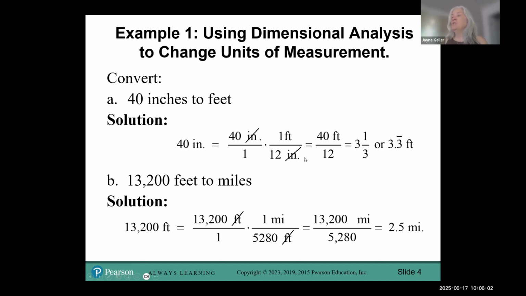And then after I've canceled out my units, I'm going to multiply 40 times 1 and 1 times 12. So I have 40 over 12, which if I simplify that, turns out to be either 3 1/3 or 3.33 repeating. That bar means that those 3's go on forever. 3.3 feet. If I wanted to round to the nearest tenth, then I would call it 3.3.